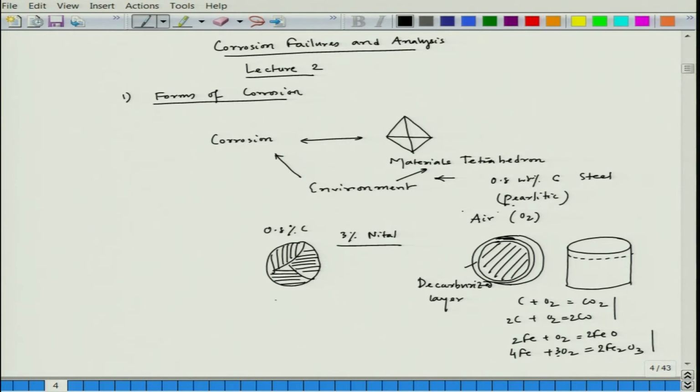But if you take 0.1% carbon steel, let us say here you have held it for 5 seconds and here you have also held it for 5 seconds, both are 5 seconds, but in this case the burning tendency of the surface by the nital would be much higher compared to the other section.